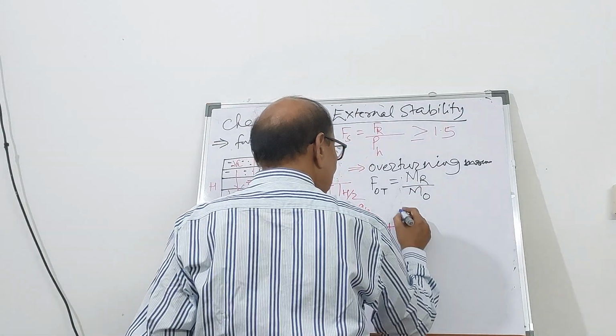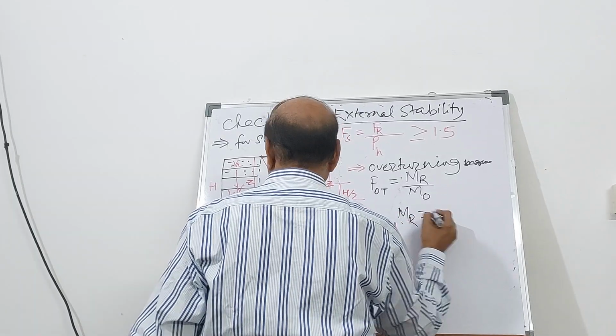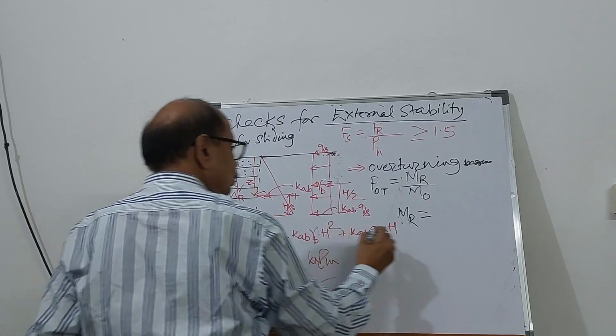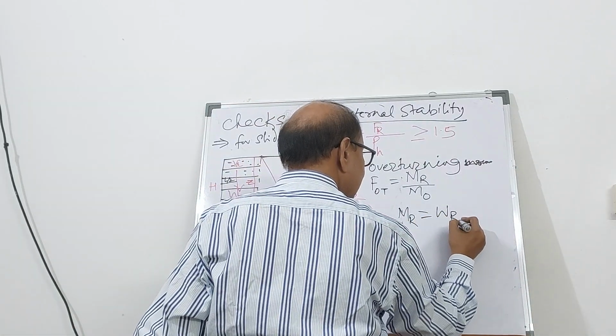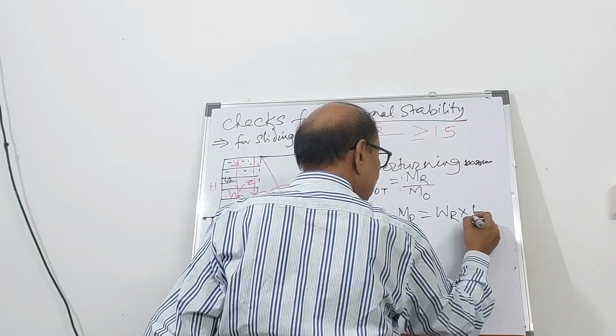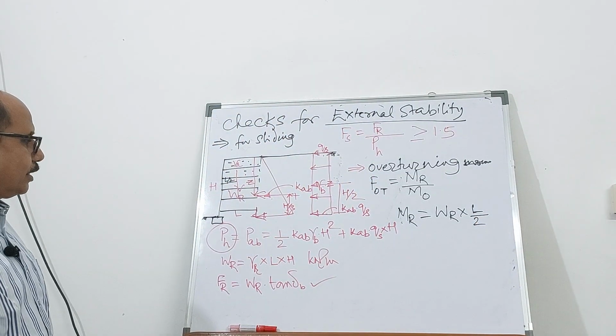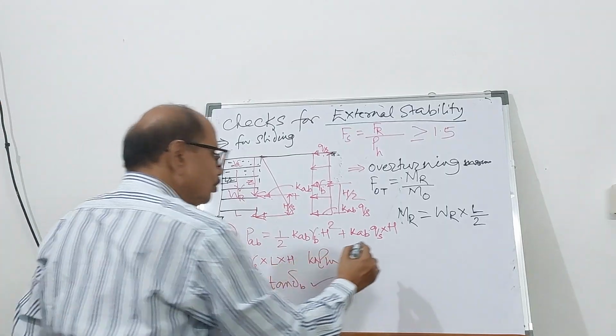And what is the resisting moment? It is the WR, and this is going to be L by 2. So WR into L by 2. Right? And what is the overturning moment?